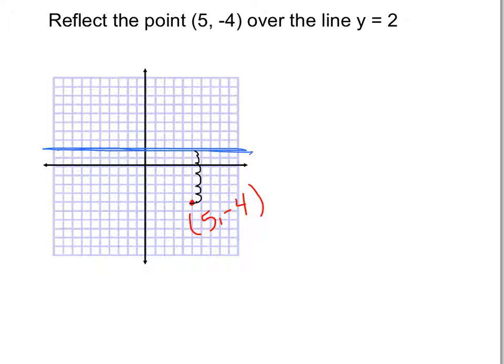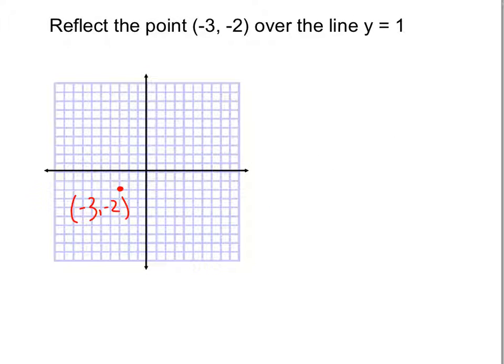I'm going to go up 6. Now from the origin, see where that point is. It's over 2, 3, 4, 5, so positive 5, and then it's up 1, 2, 3, 4, 5, 6, 7, 8, so positive 8.